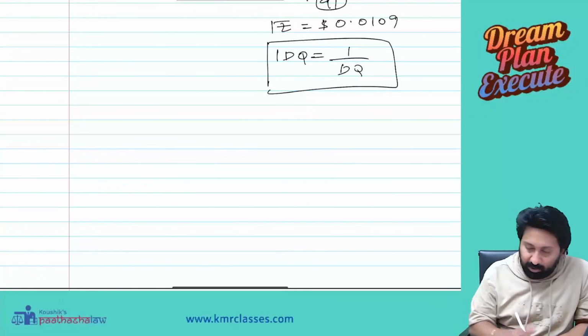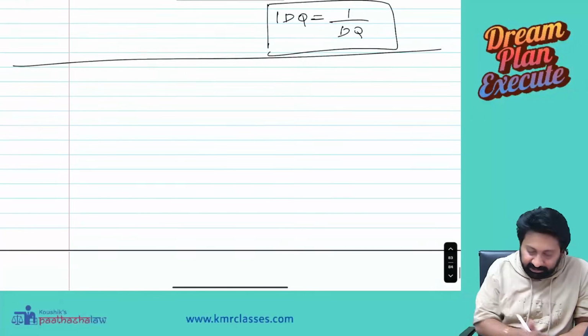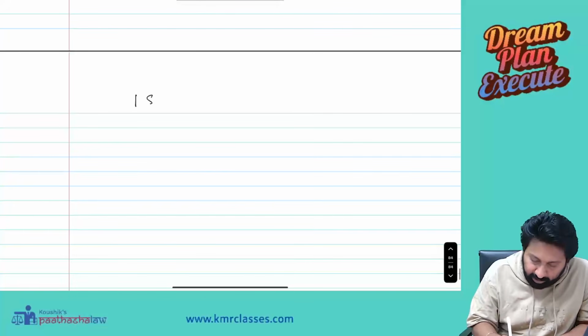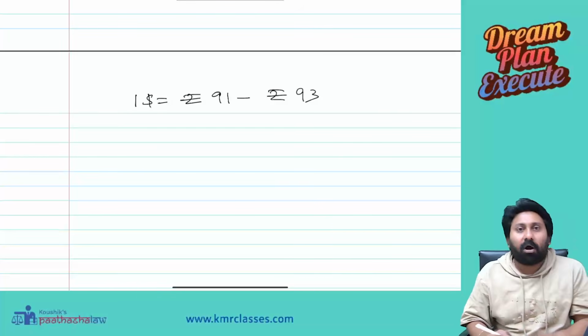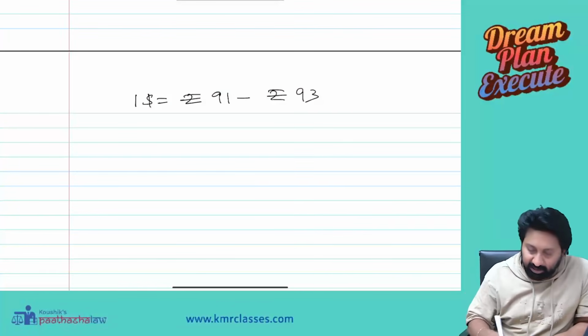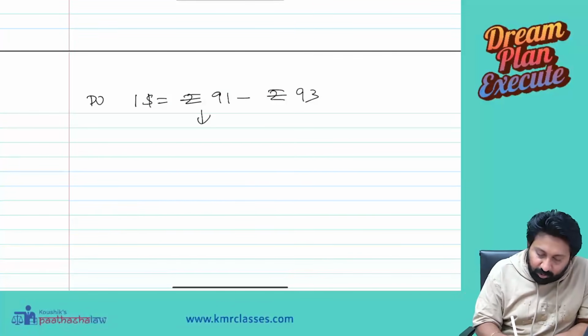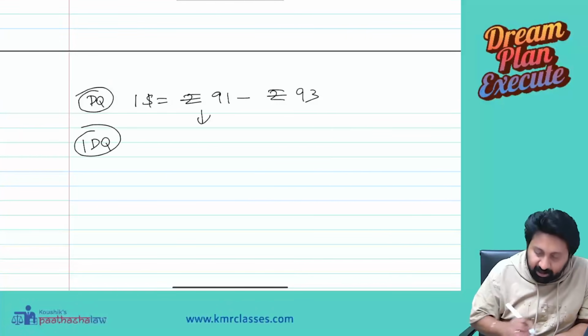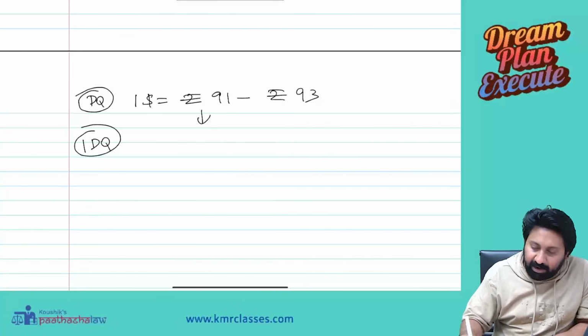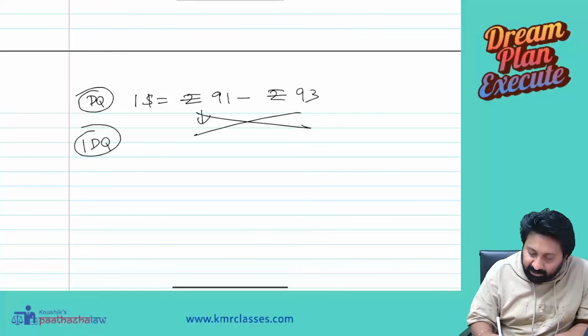Now listen carefully, next stage of discussion. $1 equals rupees 91 dash rupees 93. This is a direct quotation, and if you ask to convert it into an indirect quotation, what people generally do is mug up the concept crisscross.